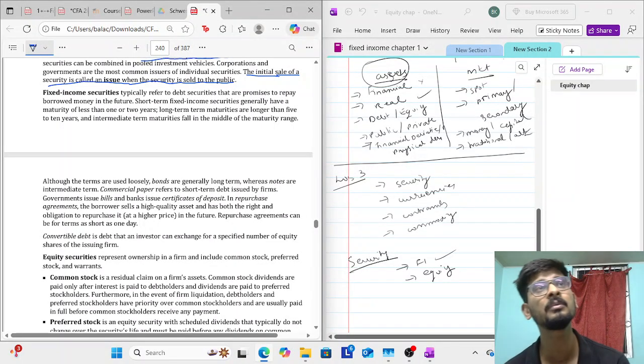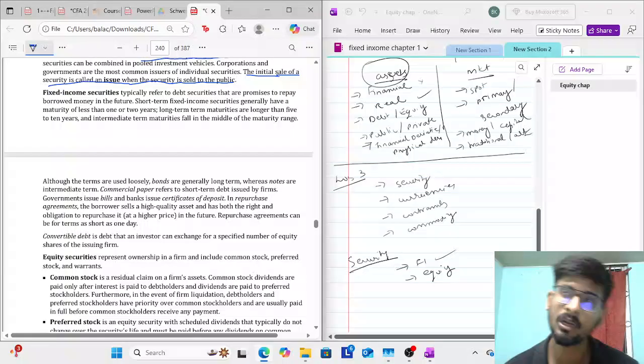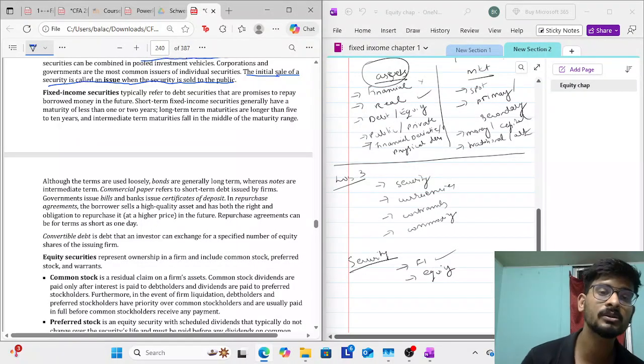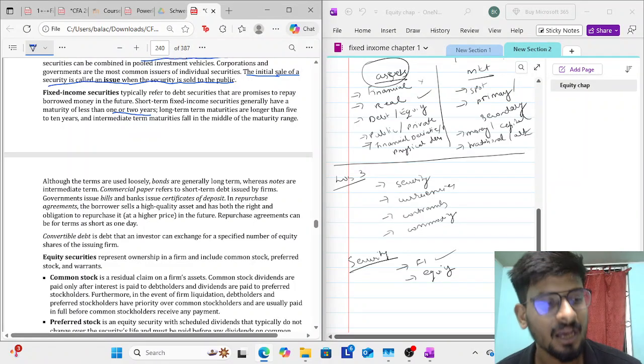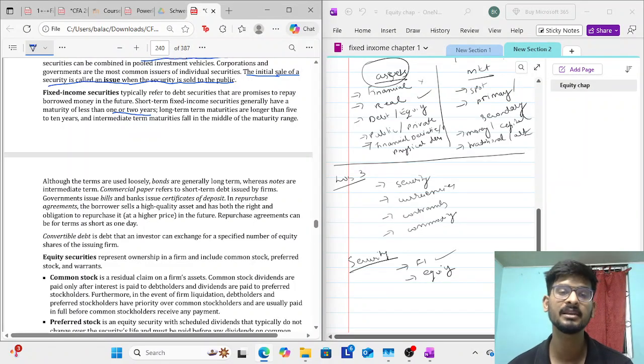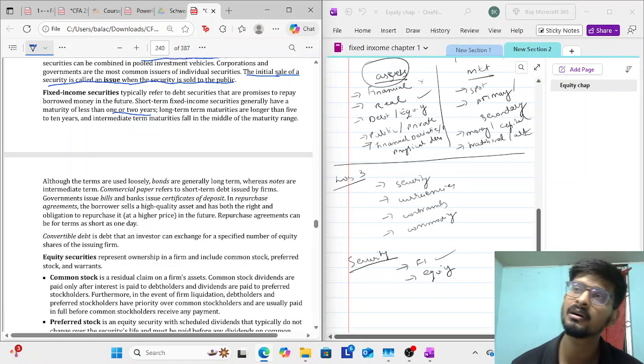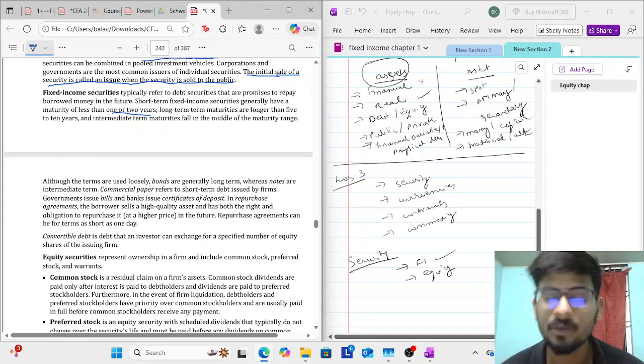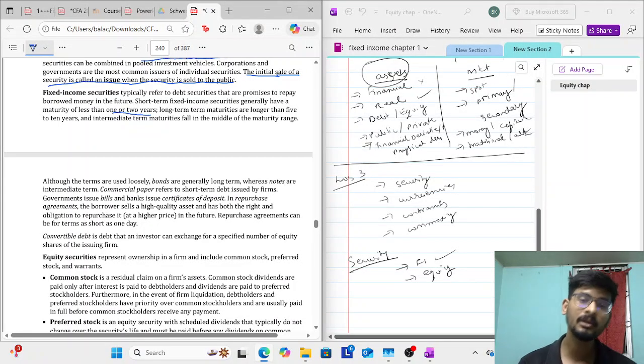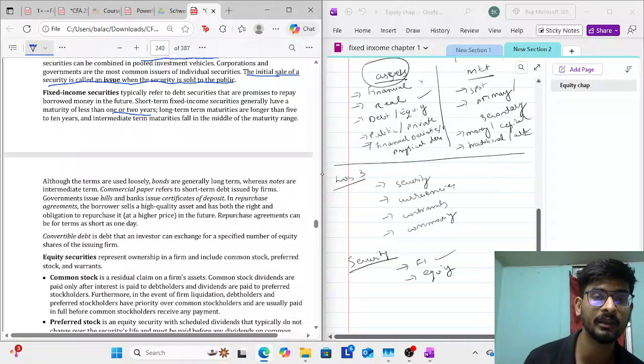So short-term is not limited to 1 year, it is 1 or 2 years. A loan of 2 years is also a fixed income security, not a long term. Long-term maturities are longer than 5 to 10 years.